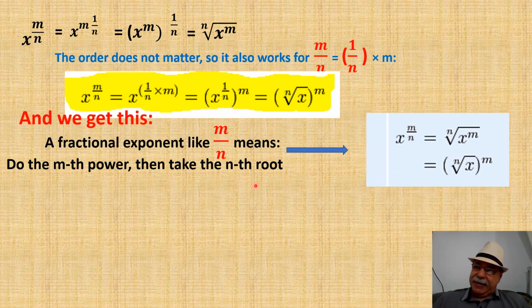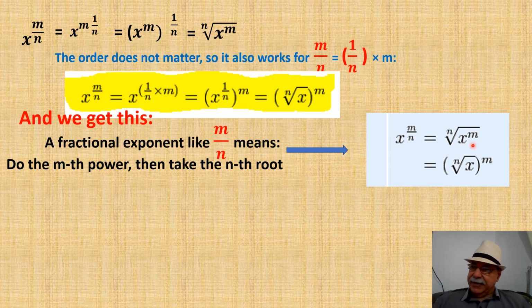So we get this meaning of what you see. This is an example, I simplify this in order to understand this law more. x to the power m over n means n is the root, the value of the root, and x^m is the power. x^m is the power.